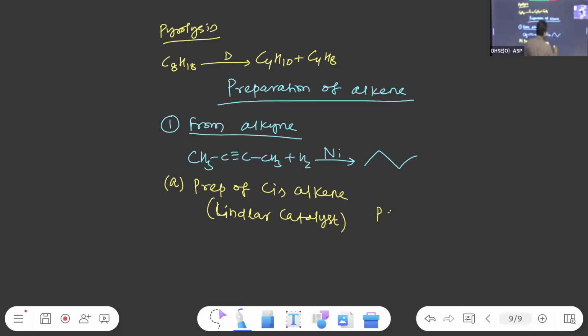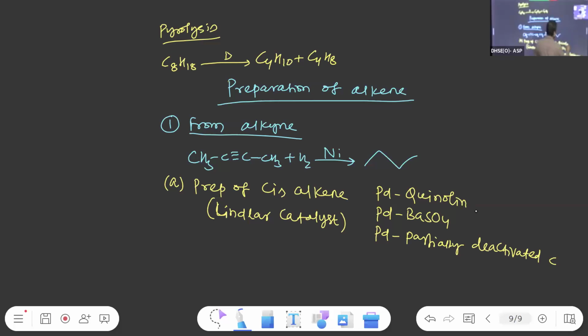We use palladium, with barium sulfate or partially deactivated charcoal. Along with palladium, we can also take quinoline. Some books also mention calcium carbonate.